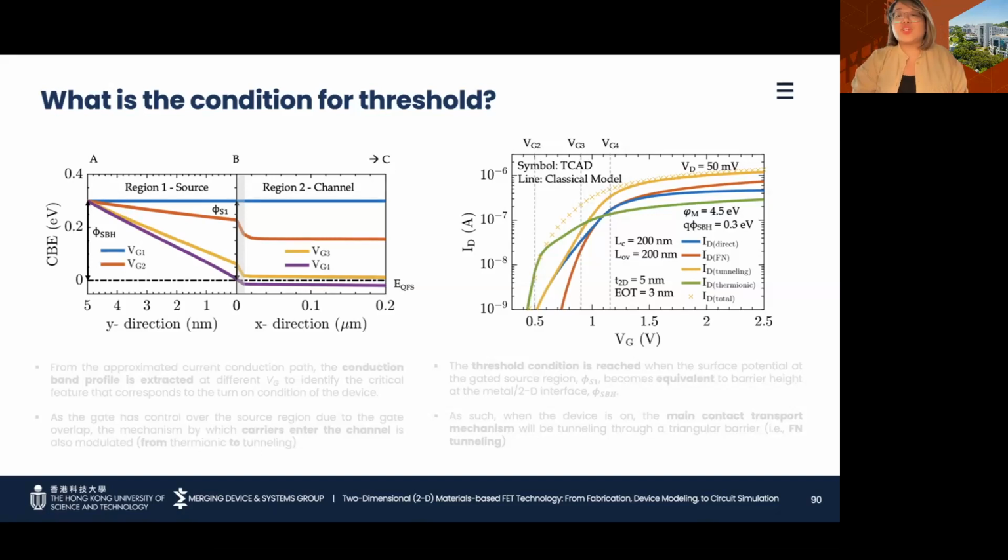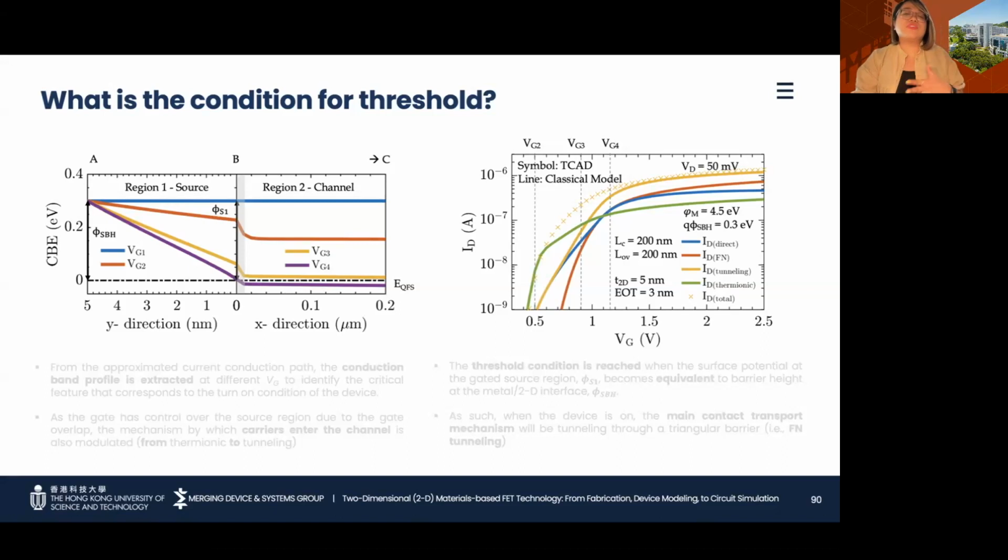So beyond VG3, there is still a steep increase in current corresponding to the disappearance of the source channel transition region. When VG4 is reached, the main contact transport now becomes dominated by tunneling through a triangular barrier, or most commonly known as FN tunneling. And a gradual increase in the current can be observed because the barrier narrowing now occurs along the 2D film thickness.